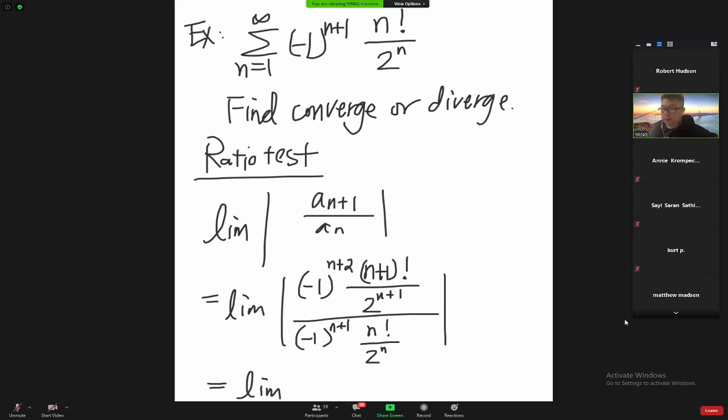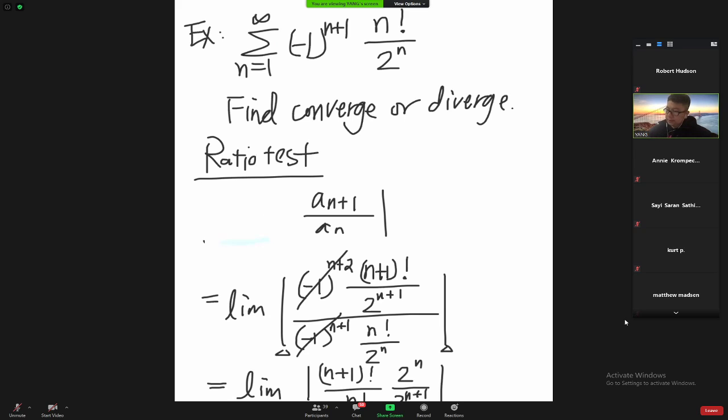We don't care about the negative sign because that's the absolute value, so it's always positive and this one can be canceled. This equals (n+1) factorial over n factorial, times 2^n over 2^(n+1). Is that clear so far?